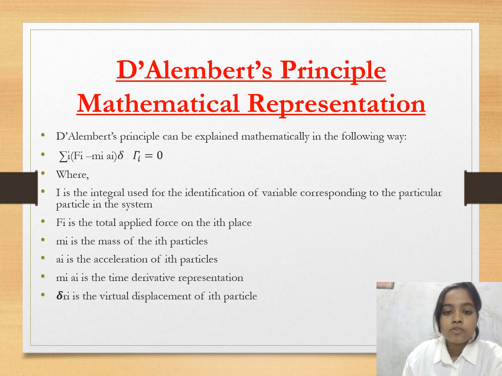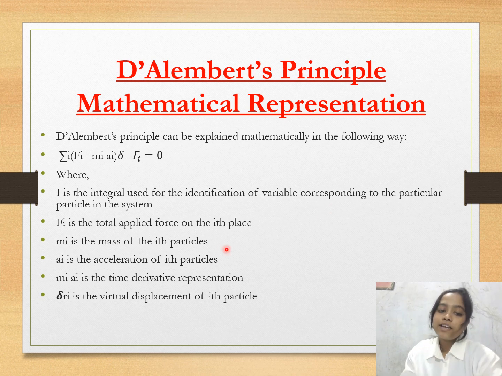The principle can be explained mathematically in the following way: summation over i of (Fi minus mi ai) dot del ri equal to 0, where i is the index used for identification of the variable corresponding to a particular particle in the system, Fi is the total applied force on the ith particle, mi is the mass of the ith particle, ai is the acceleration of the ith particle, and mi ai is the time derivative representation. Del ri is the virtual displacement of the ith particle.